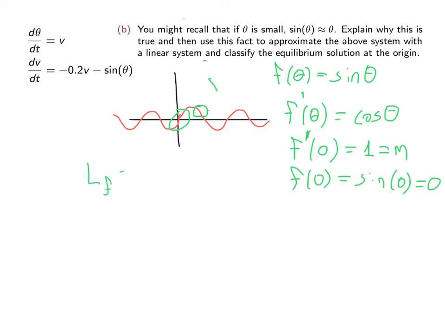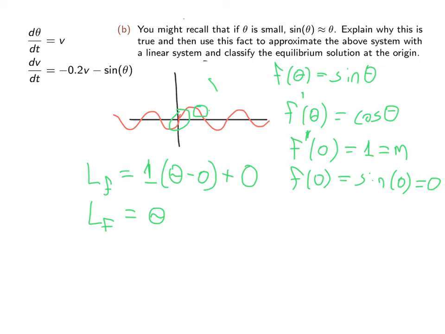F linearized would be the slope 1 times theta minus 0, since that's the point where we're looking, and then we add the value of f of 0, which is 0. So what we showed is that the tangent line to the sine function at theta equals 0 is just the equation theta.